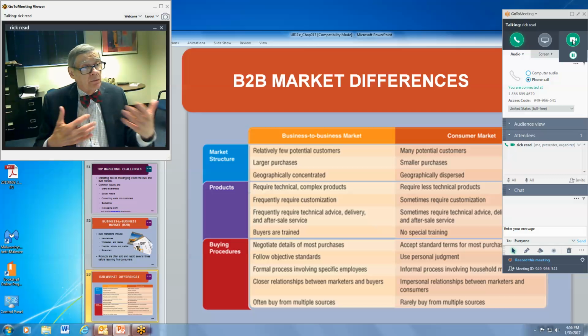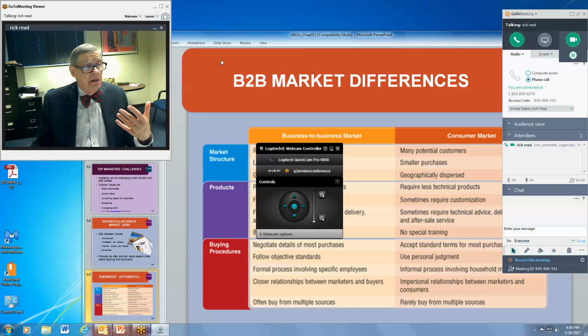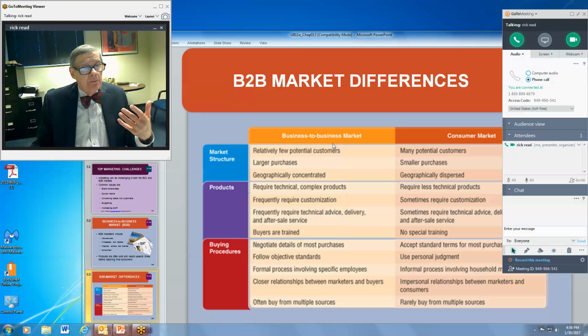I didn't realize that. And it's not information that I believe is critical to understanding helping buyers buy, but it differentiates between what I would do as a consumer, you would do as a consumer, and what you would do if you were a purchasing person or a buyer for a company, business to business market.